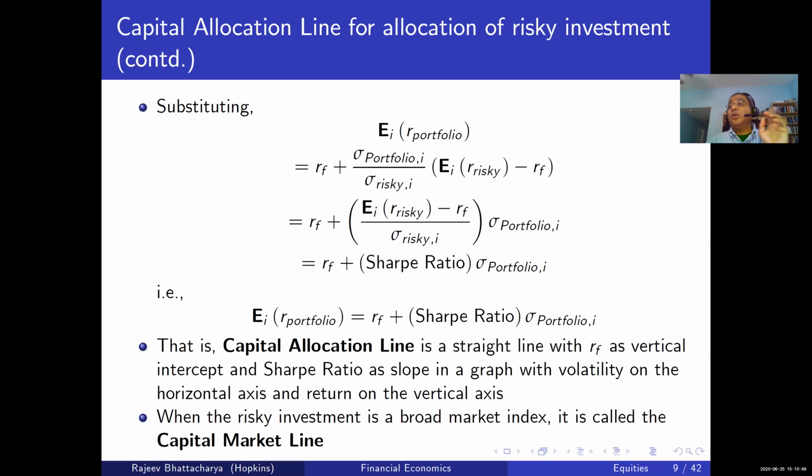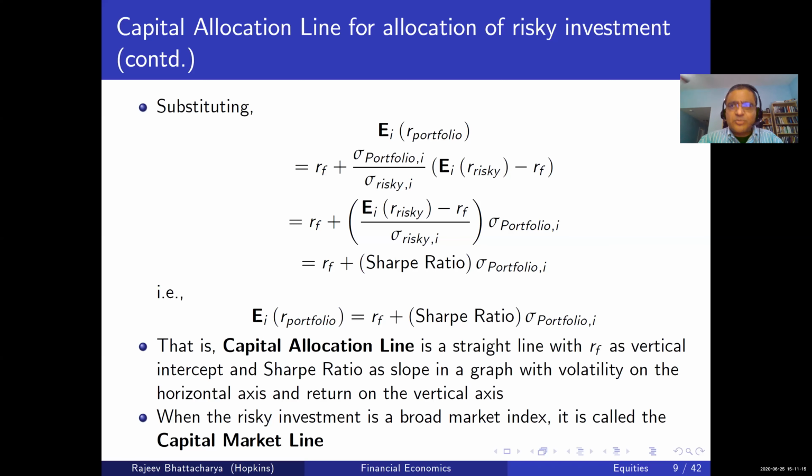So as you can see, one will be significantly steeper than the other. Now, you'll have to be very careful about comparing Sharpe ratios across capital market lines or capital allocation lines for two different time periods, because the risk-free rates will not necessarily be the same anymore. Okay, so always keep that in mind.